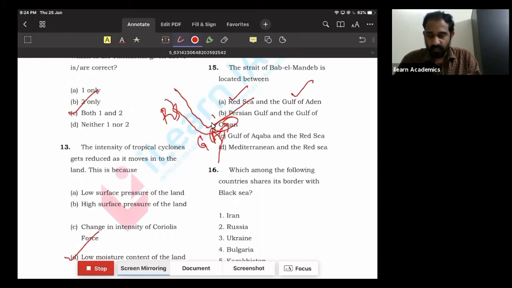So Red Sea and Gulf of Aqaba is connected to a strait called Strait of Tiran. Next one, Mediterranean Sea and Red Sea is connected through Suez Canal and the Gulf of Suez.